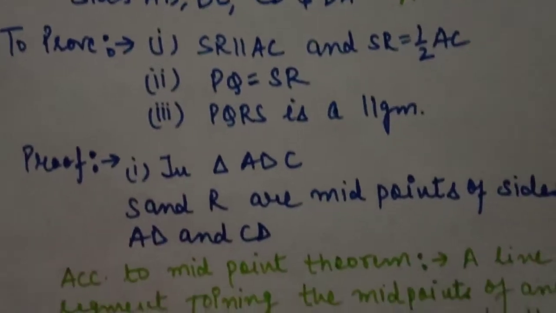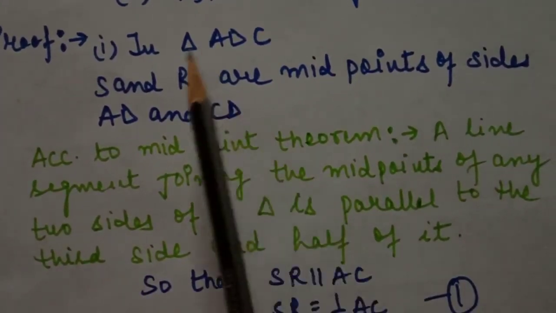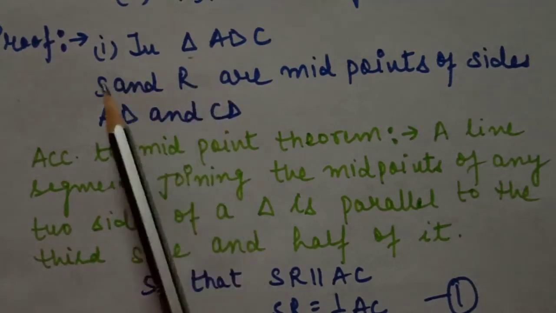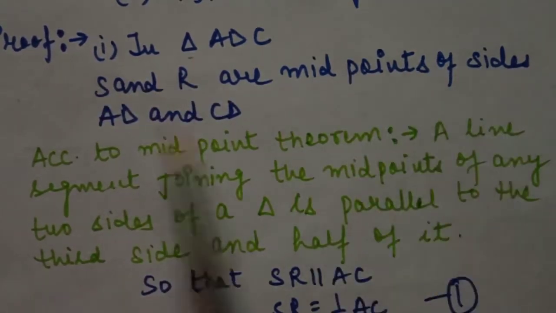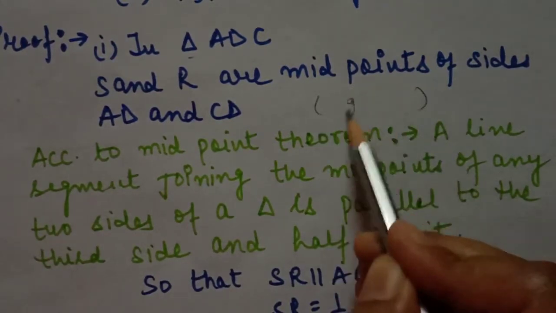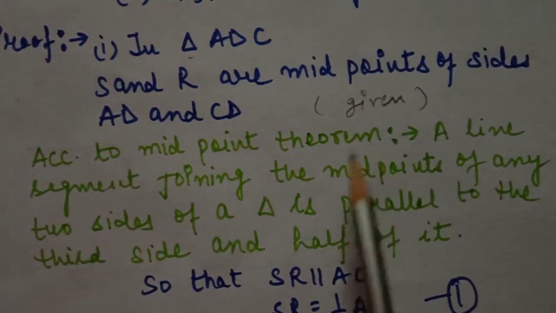So we will write like this. You have to know how we will write. In triangle ADC, proper signs are most compulsory. S and R are the midpoints of sides AD and CD. From where does it come? Given. According to the midpoint theorem, you have to write the statement.